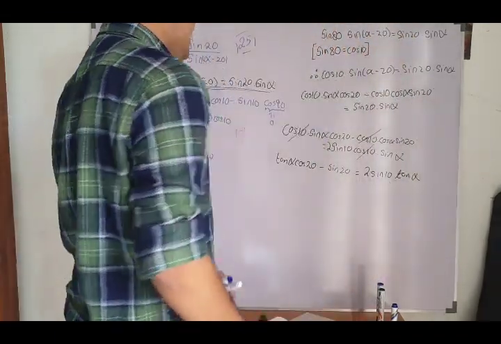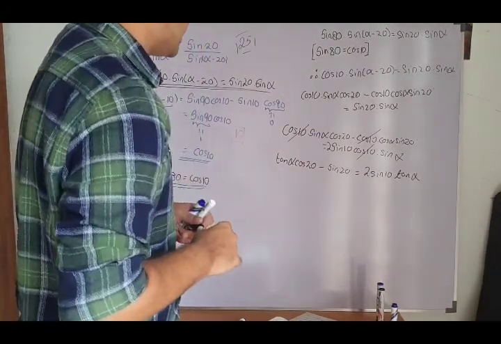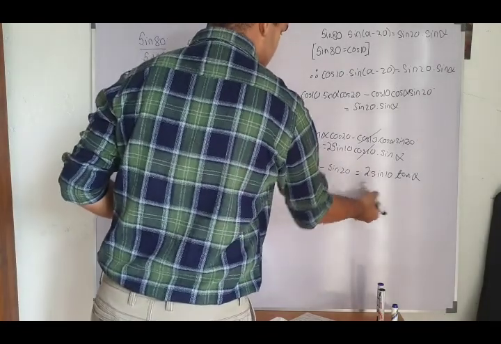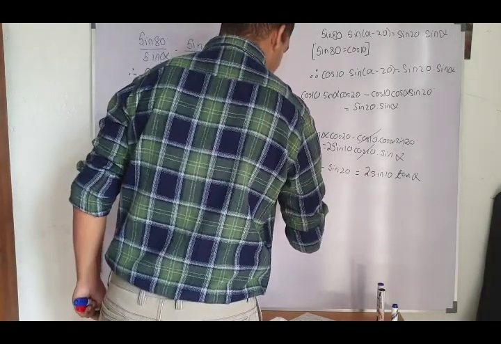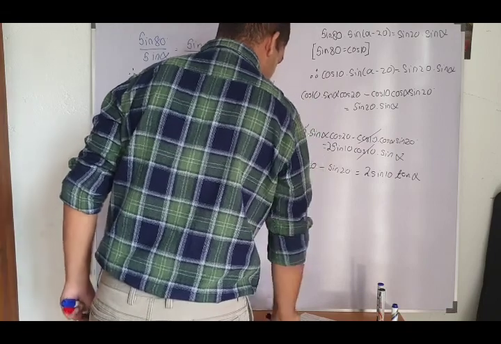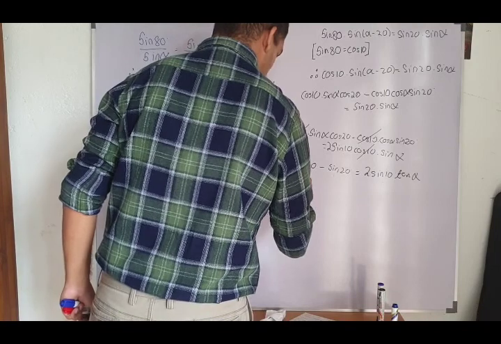Now we can take this to this side and this to this side, and we get tan alpha as a common term.